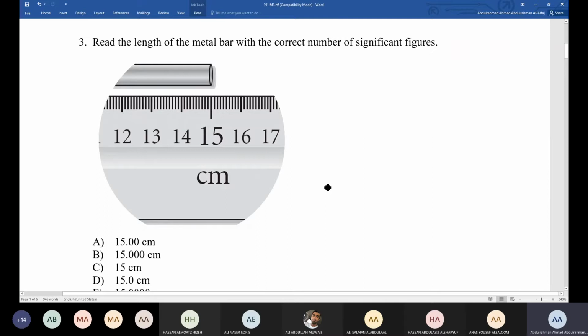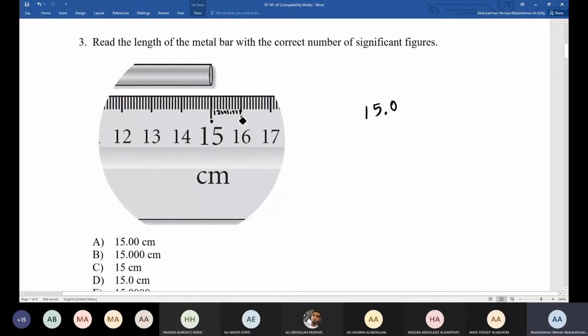Next, I want to read this number. Look here. I can read easily the 15. And also there are the decimals, which is 0.1 or 0.2, so I can read 1 or 2 or 0. So this is 0, 1, 2, 3, 4, 5, 6, 7, 8, 9, and 0 again.